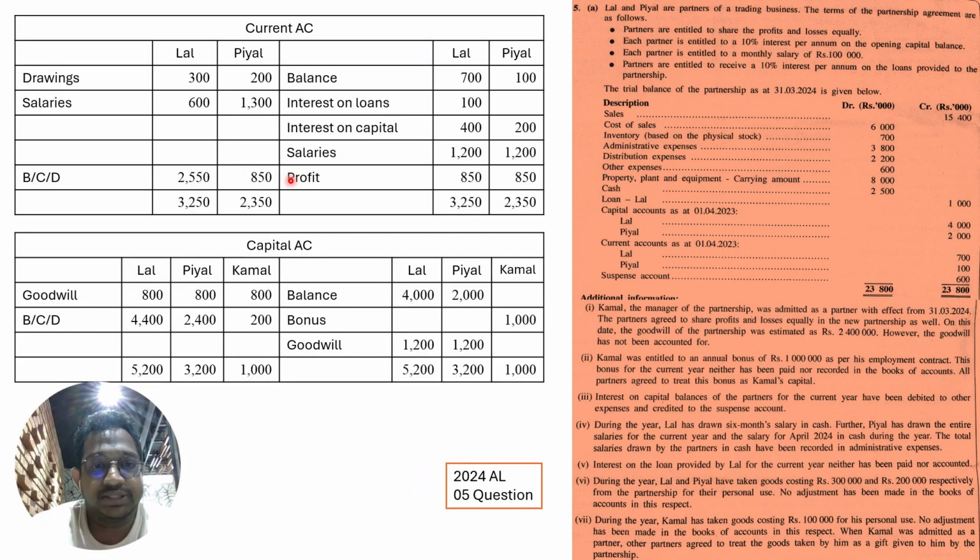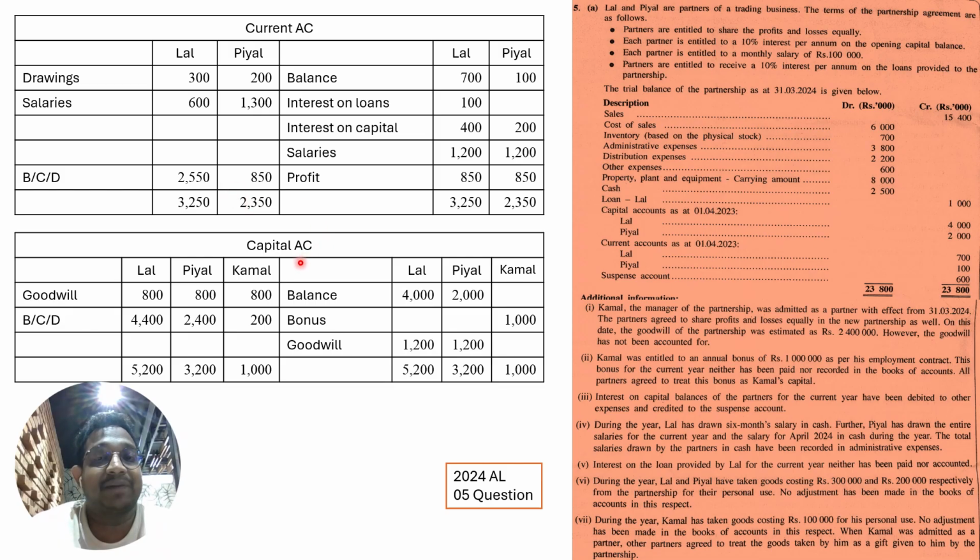So recording all those cases in the current account balances: interest on loans, interest on capital and salaries, and the drawings done by Lal and PL, the stock drawings, and the salaries that they withdrew. Lal withdrew for the first 6 months and PL withdrew for the full year plus the next year's April salaries as well. Then you can find out the balances for Lal and PL.